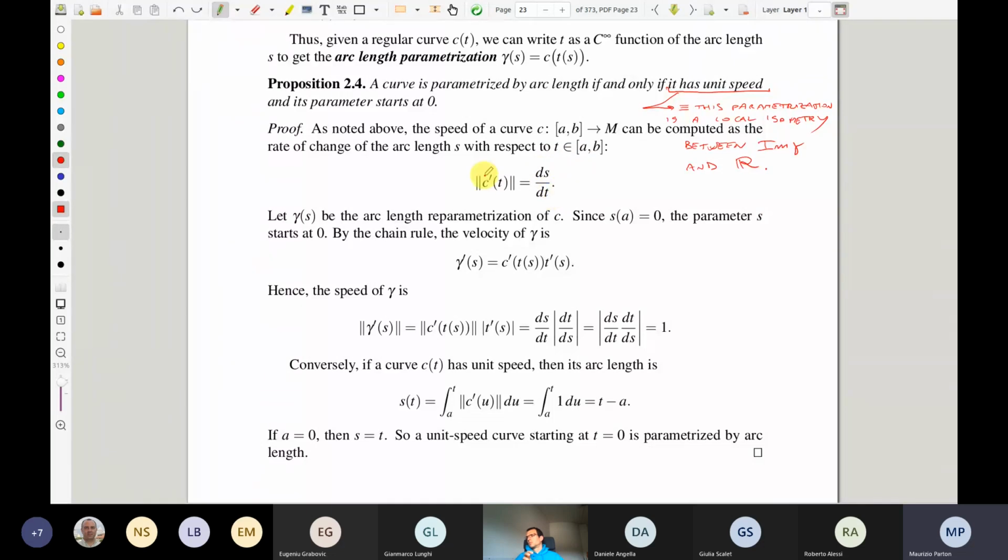These are computations that you should already have seen for curves, so we are just skipping them. The important thing is that if I take the velocity of the curve with respect to this particular parameterization, almost tautologically, I would say this length is 1. So when we have a curve, we can always reparameterize the curve in such a way that the tangent vector has length 1.